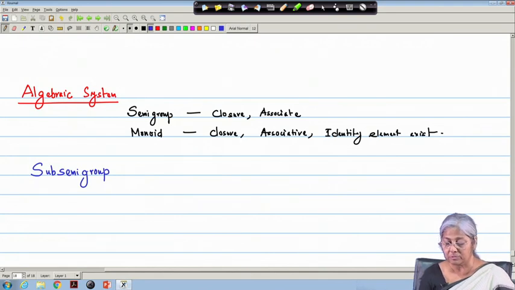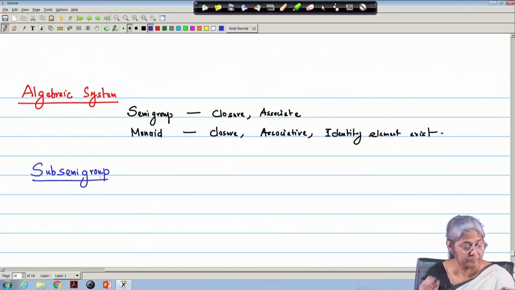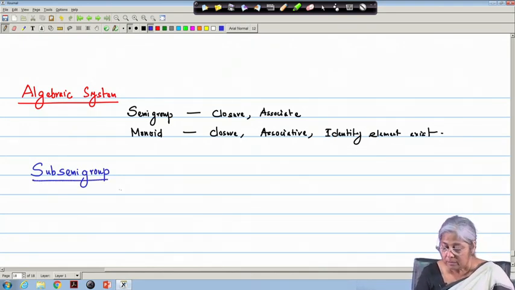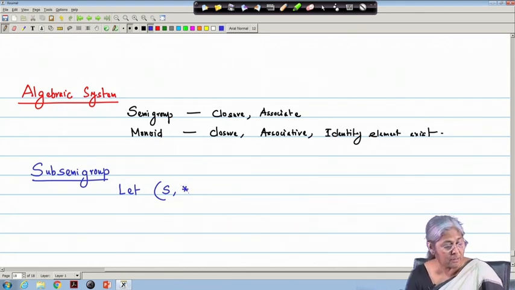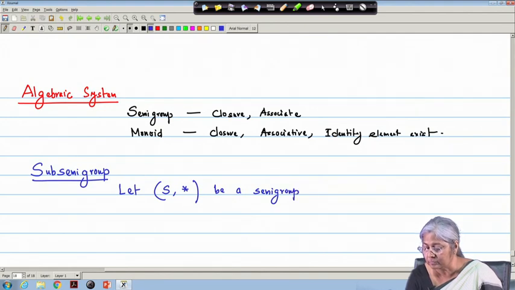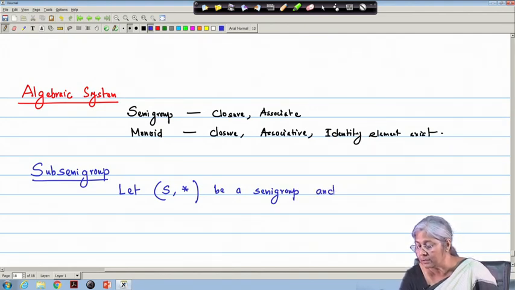First we define a subsemigroup. So, let S be the non-empty set and star is the operation. So, S star is a semigroup, and T is a subset of S.